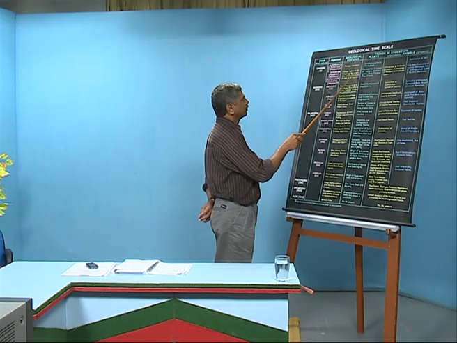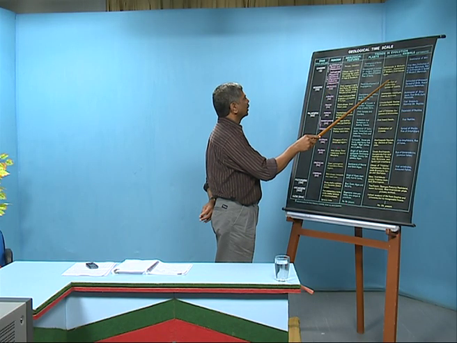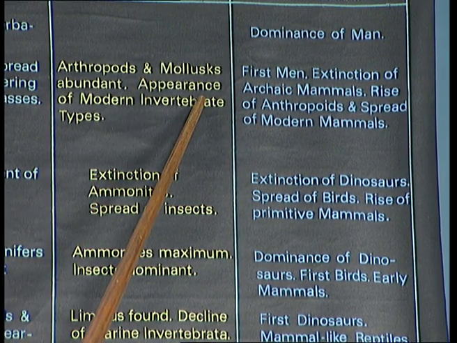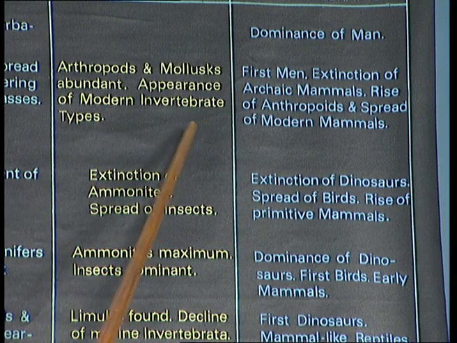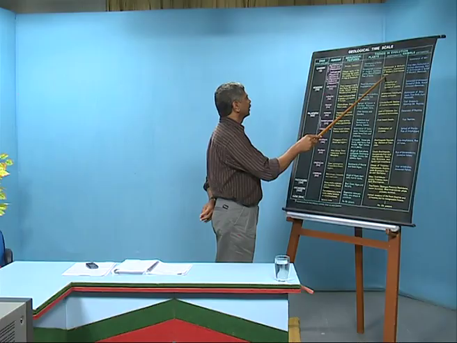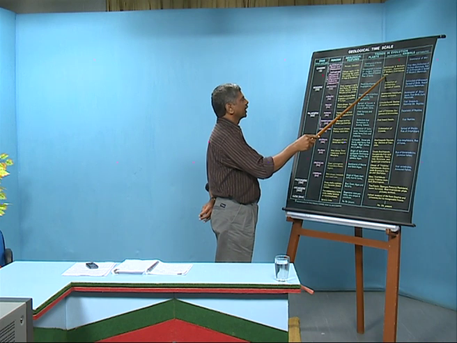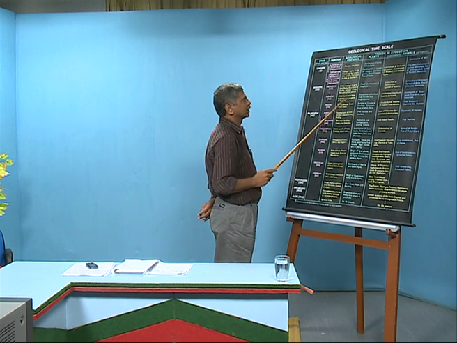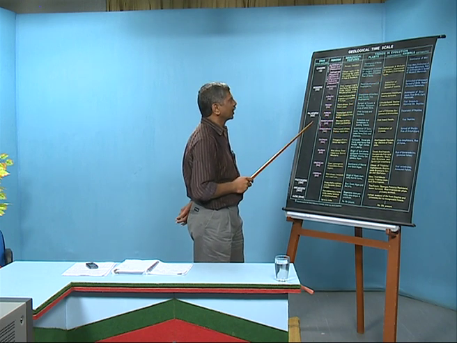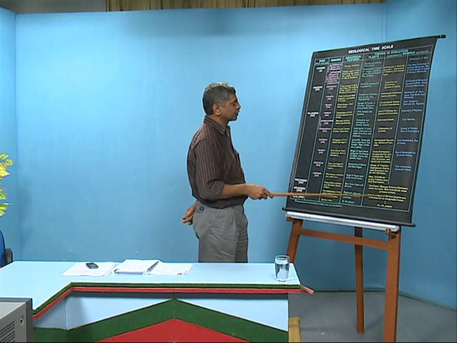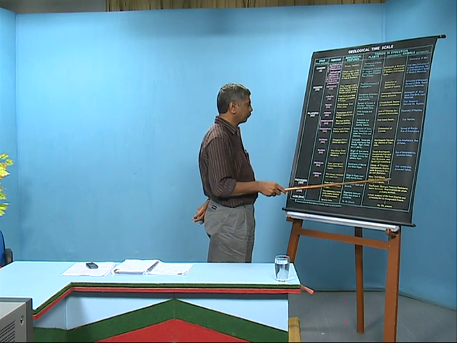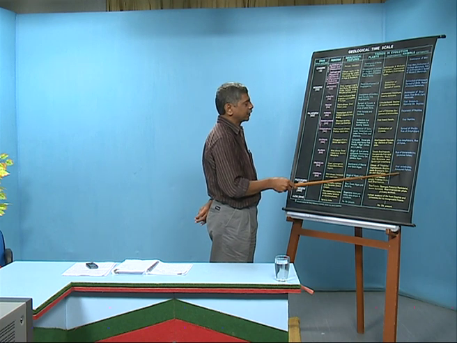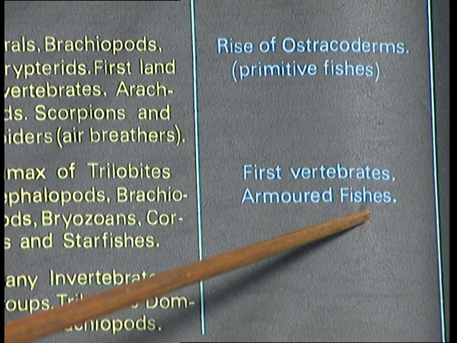At the end of the Cenozoic or Tertiary period, arthropods and molluscans were abundant, and the appearance of modern invertebrate types took place during the Cenozoic, Cainozoic and Psychozoic eras of the geological times. Then lastly, when we think of the presence of vertebrates in the Paleozoic, starting from the Ordovician period, the first vertebrates, armored fishes, were recognized.